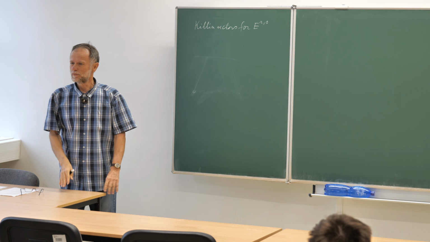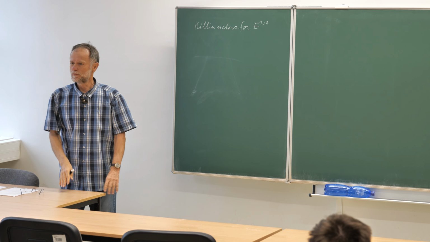These are Killing equations in general, and now our g_ij is this one. So in particular, when we are successful in solving this equation in general, we will find standard Euclidean space as a special case where s is 0.